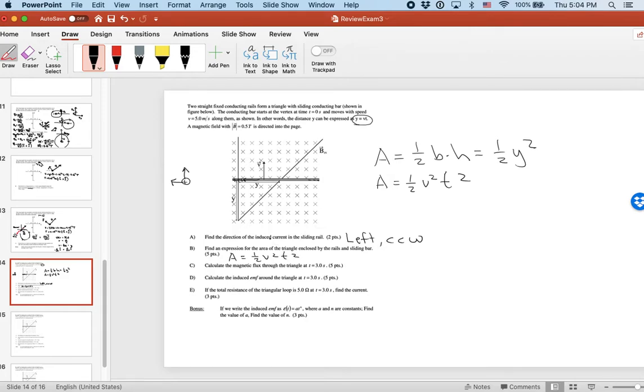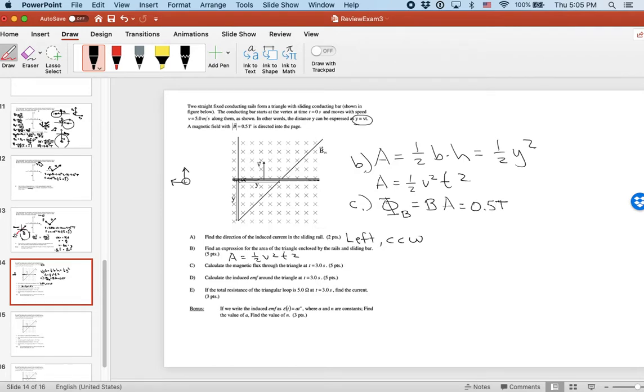So next, in part C, calculate the magnetic flux through the triangle. So magnetic flux is given by phi sub B, and that's equal to the magnetic field B times the area. And so we can write that as the magnetic field is given by 1/2 Tesla.